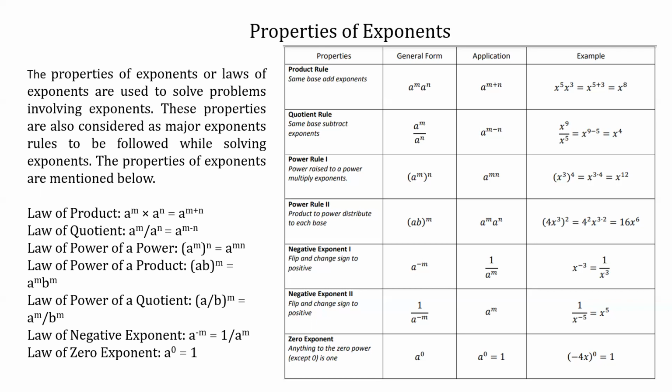So when we find x to the power 3, to the power 4, in this case we just multiply exponents, and the result is equal to x to the power 12.